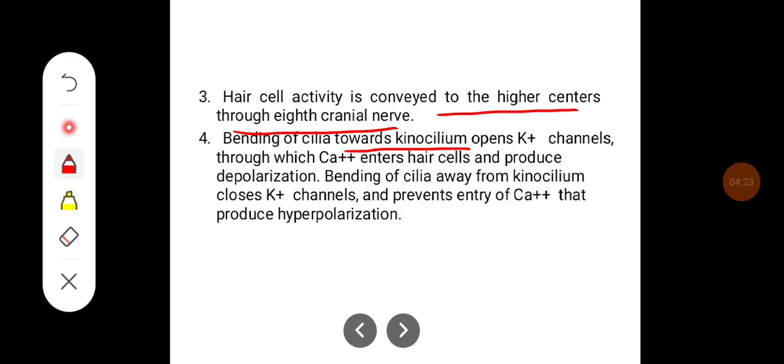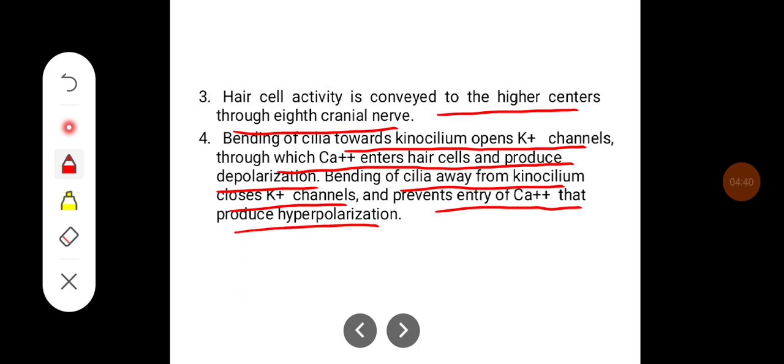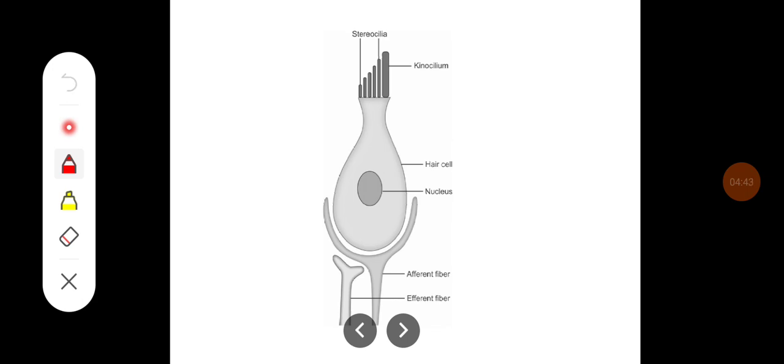Bending of the cilia towards kinocilium opens potassium channels through which calcium enters hair cells and produces depolarization. Bending of cilia away from kinocilium closes potassium channels and prevents entry of calcium, which produces hyperpolarization. So this is the diagram showing the hair cell with the nucleus, and here the hair cells, the longest of which is called the kinocilium and the shorter ones are called stereocilia.